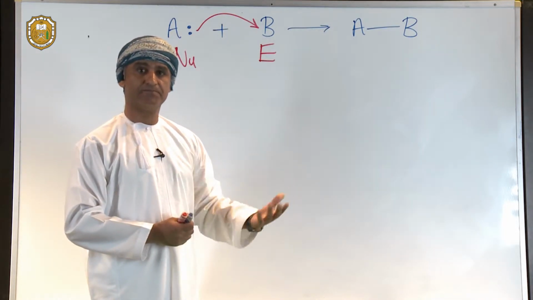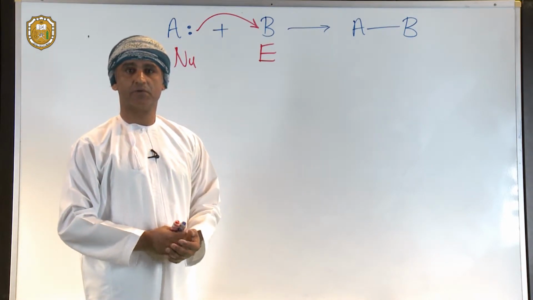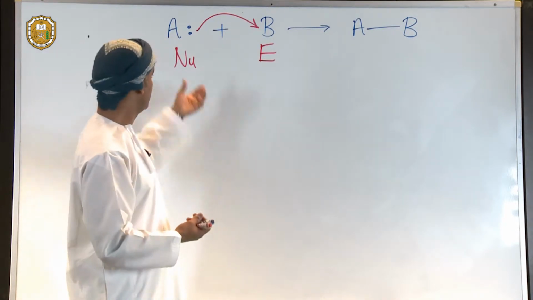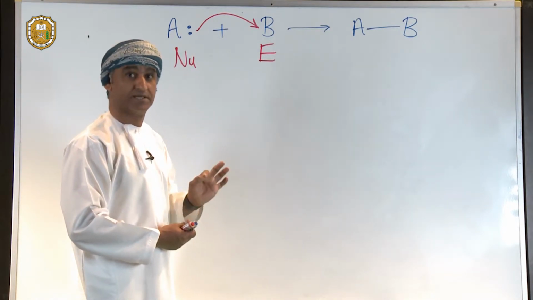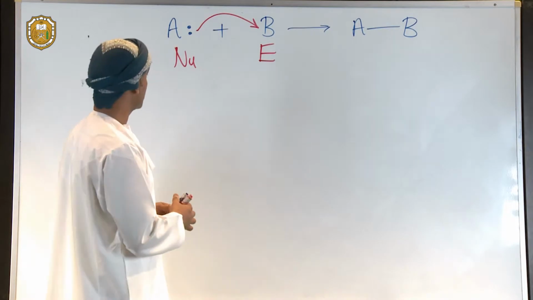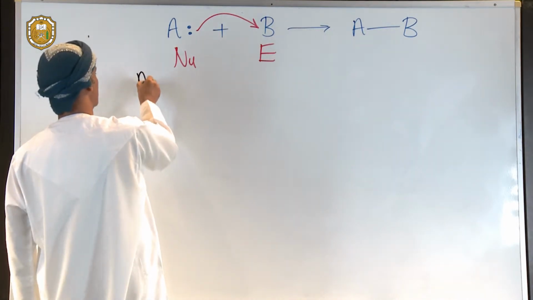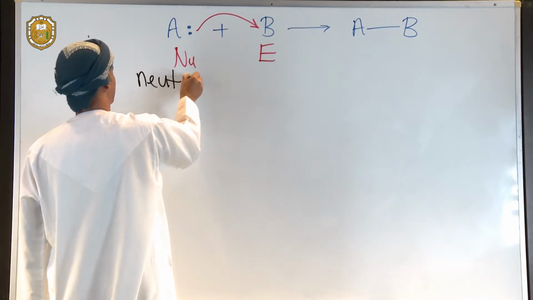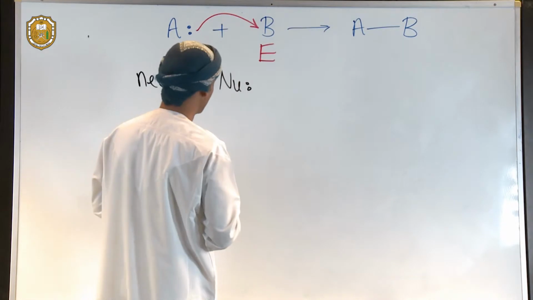Let's now learn about different examples of nucleophiles. What's the requirement of a nucleophile? Well, it's very clear that a lone pair is a must. So a lone pair is really required. Examples, if you like, of the neutral type. So there are neutral nucleophiles.